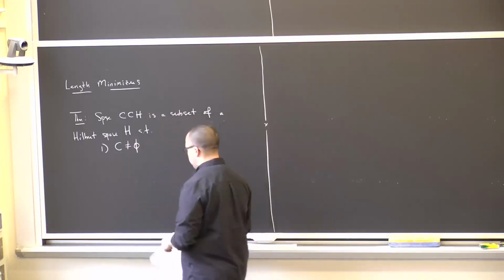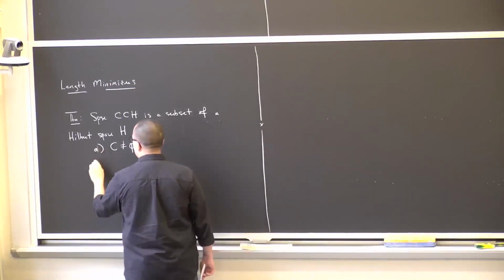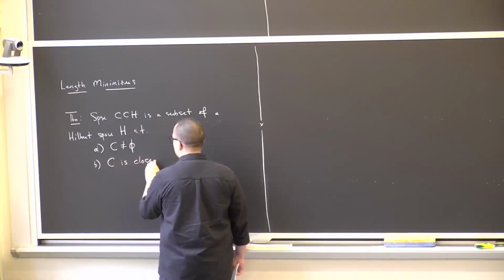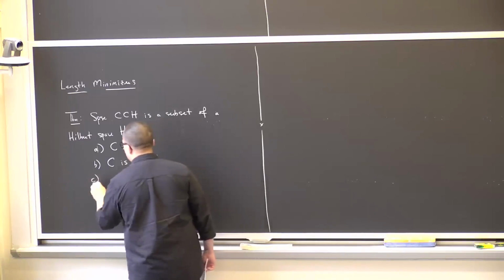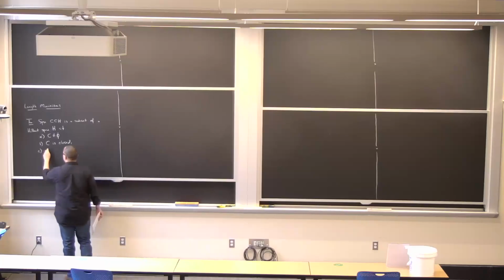C is non-empty, C is closed, and the final is that C is what's called convex.